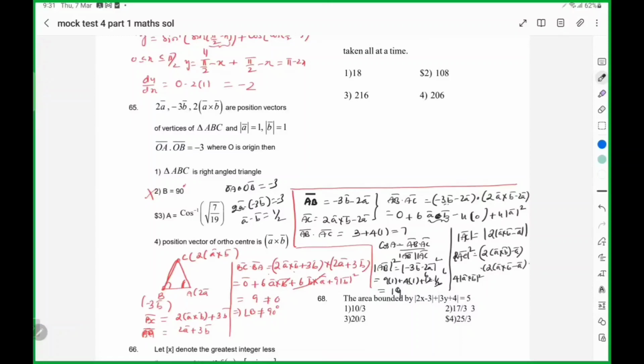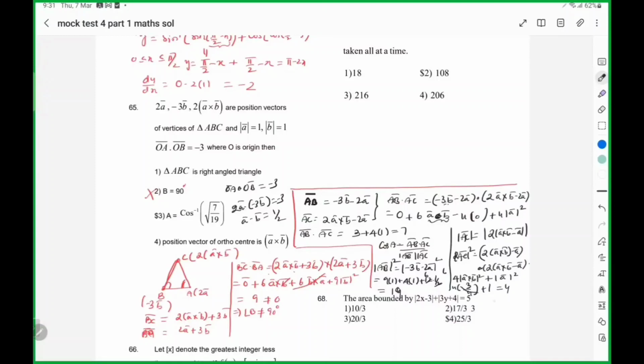A dot A cross B is 0, plus A dot A, mod A square. So here A cross B whole square: mod A is 1, mod B is 1, between A and B the angle is 60, root 3 by 2, so 3 by 4. So which is 4.